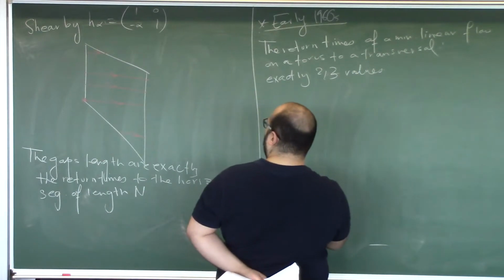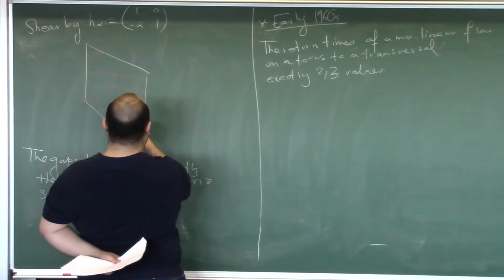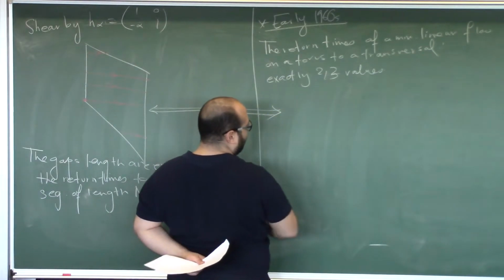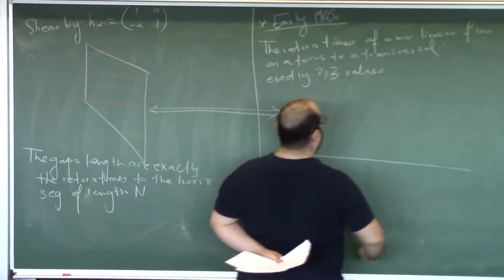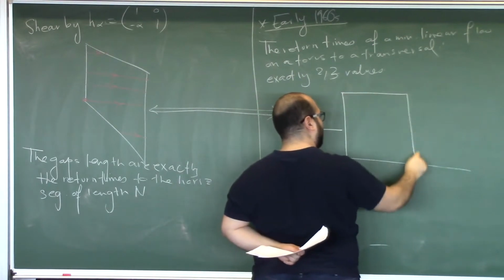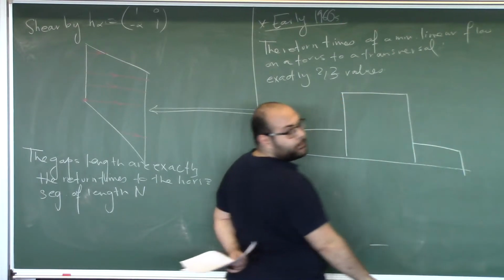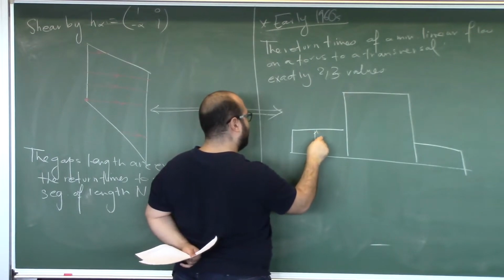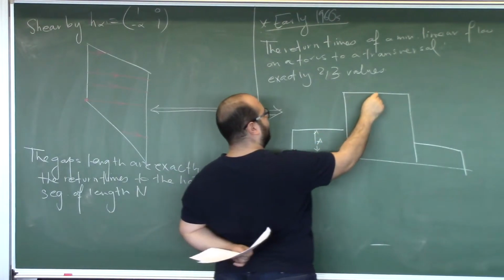So the thing is, if you take this torus and you decompose over return times, what you get will be a picture looking like this. So you will get a rectangle decomposition where the heights are exactly the heights of the gaps.